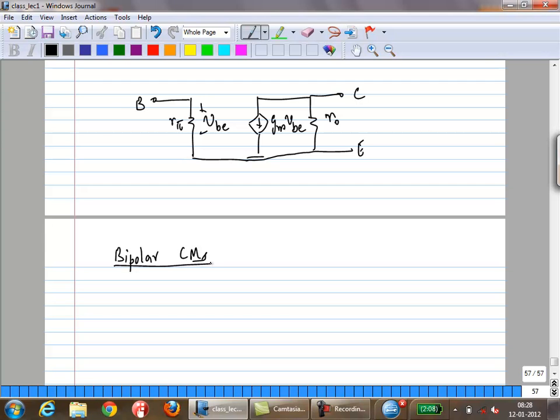So next step is we'll study some of the bipolar current mirrors. I noticed that you've already studied the very basic simple current mirror. We'll go through it quickly anyway, to find out the differences with the MOSFET case.